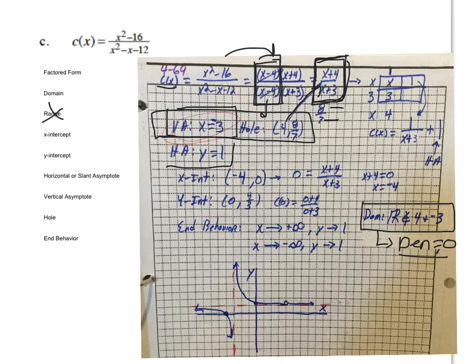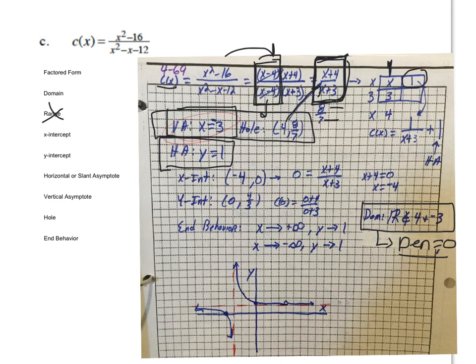Horizontal asymptotes can be found by performing long division. I didn't talk about it on the last problem; I tried to give you more of a general concept. But if I take my simplified rational expression, x plus 4 over x plus 3, and perform polynomial division, I end up with x plus 3 going into x plus 4 one time. So 1 times x is x, and 1 times 3 is 3.